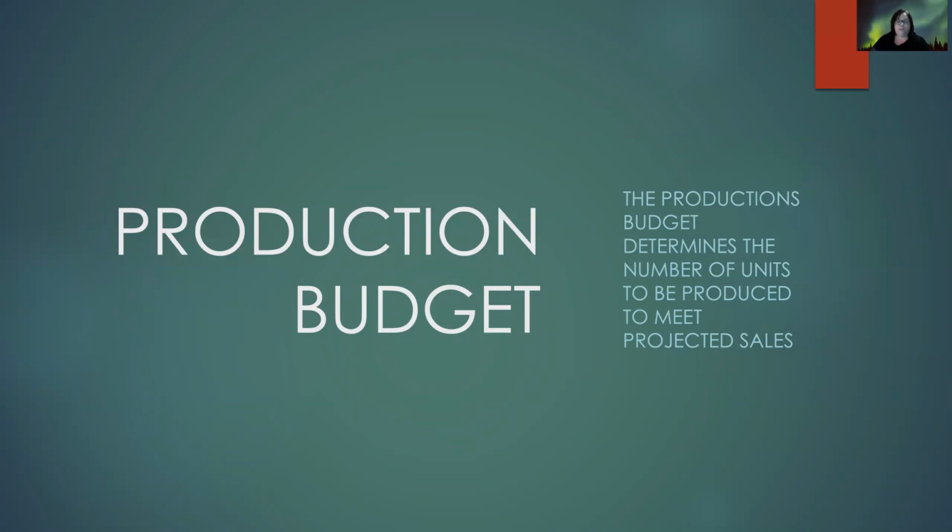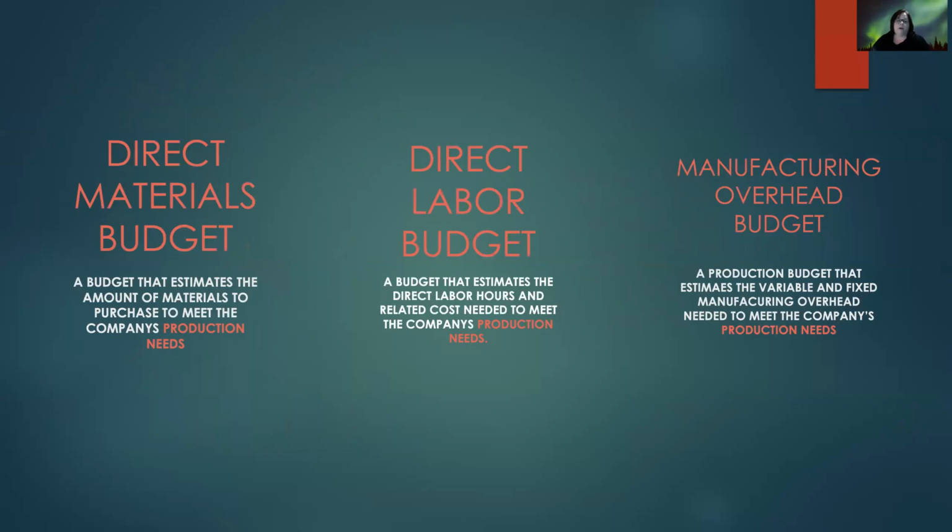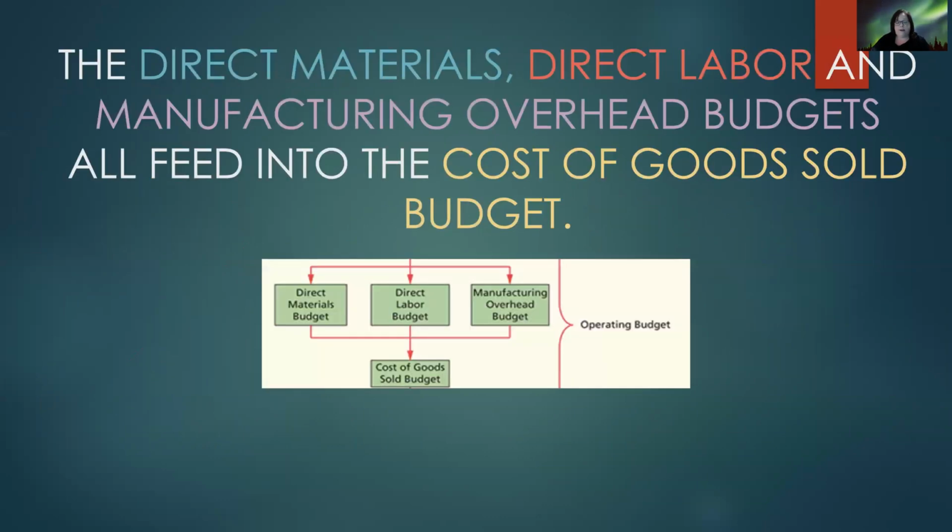The production budget uses the sales budget to estimate the number of products or units that need to be sold so that we can meet our projected sales. The production budget dictates the direct materials budget, direct labor budget, and the manufacturing overhead budget. See here how these 3 product cost budgets flow into the cost of goods sold budget.